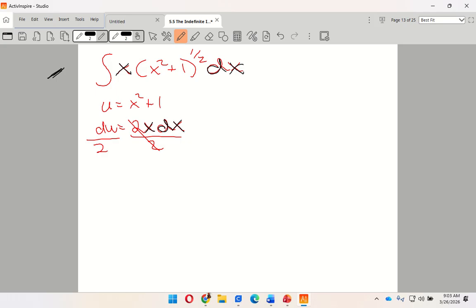So I'm replacing x dx with 1/2 du. 1/2 out front, my integrand, so it's going to be u to the 1/2 and du, because all this inside here became my u. So my 1/2 du replaced an x and the dx.